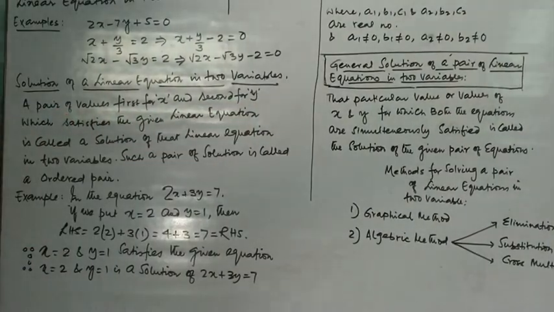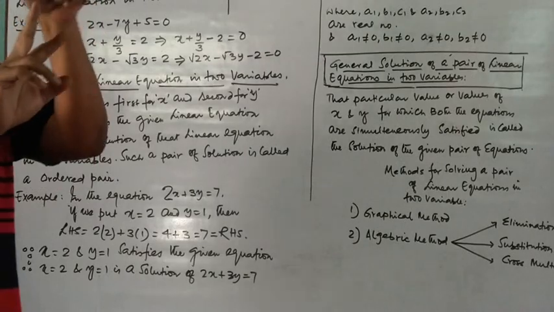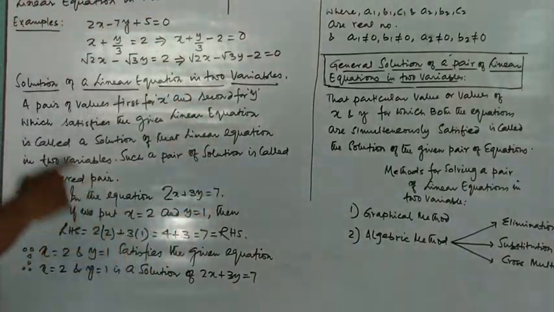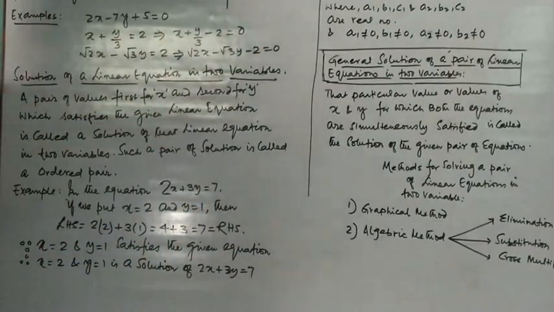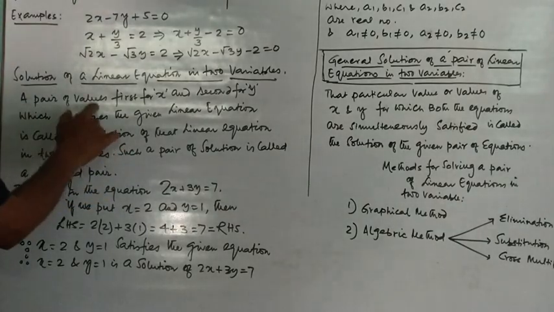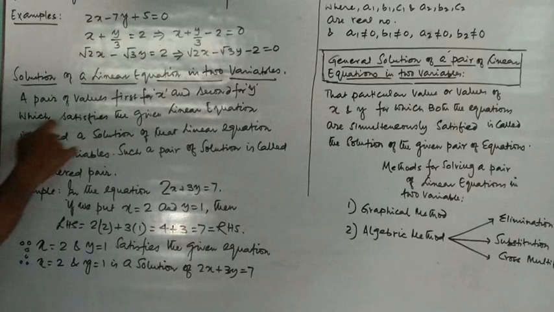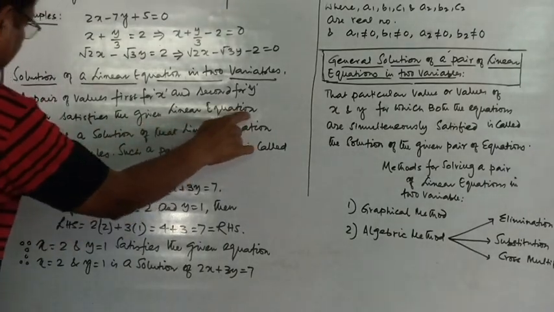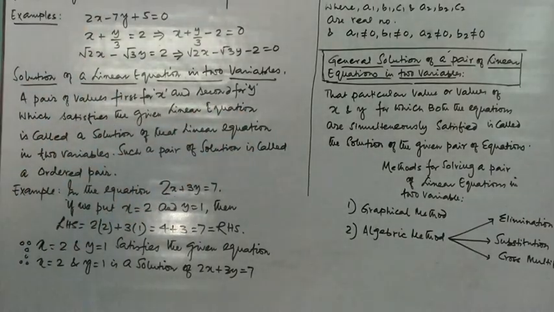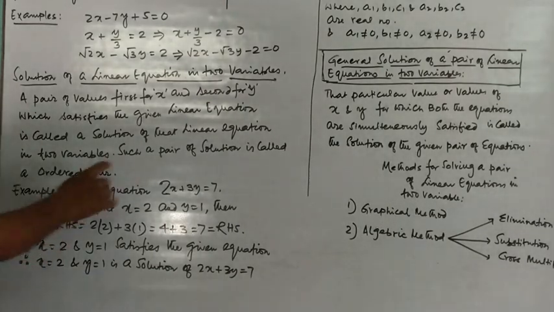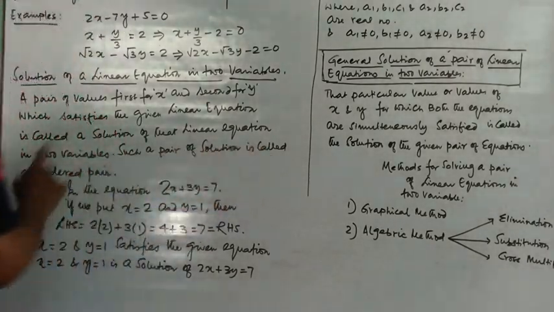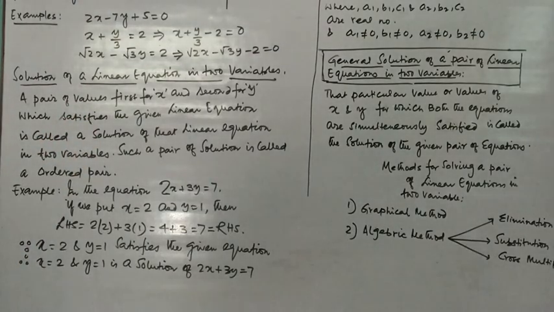That means a particular value of x and a particular value of y for which the equation gets satisfied. A pair of values, first value x and second for y, which satisfies the given linear equation is called the solution of that linear equation in two variables. Such a pair of solution is called an ordered pair.